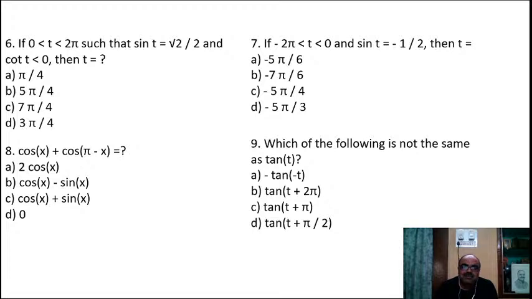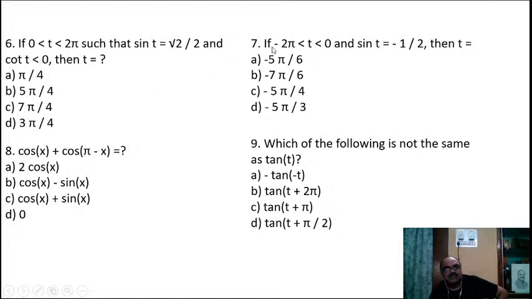If you say pi by 4 as 45, you are wrong, because t lies between 0 and 2 pi and cot t is less than 0. The answer is 3 pi by 4. You need to be very careful, friends, while taking up this kind of questions.